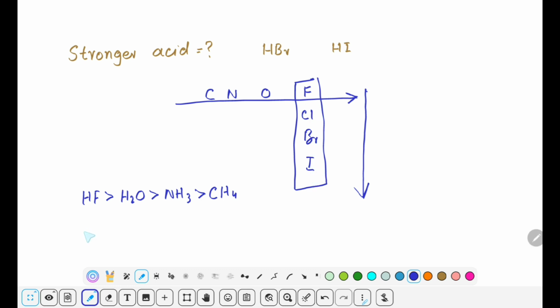So hydrogen iodide is a stronger acid than hydrogen bromide, which is stronger than hydrogen chloride, which is stronger than hydrogen fluoride. So this is the trend for binary acids of hydrogen: moving along a period from left to right, acidic strength increases, and moving in a group from top to bottom, acidic strength increases.